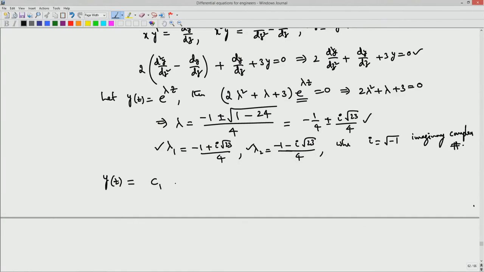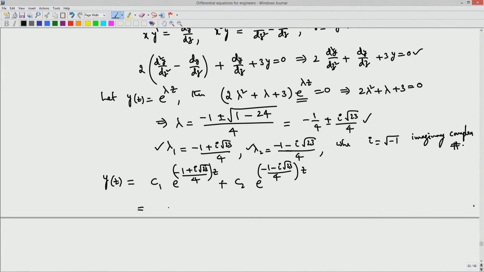So, you have y of z, you can write the linear combination of these two: C1 times e power (minus 1 plus I root 23 by 4) z, plus C2 times e power (minus 1 minus I root 23 by 4) z.